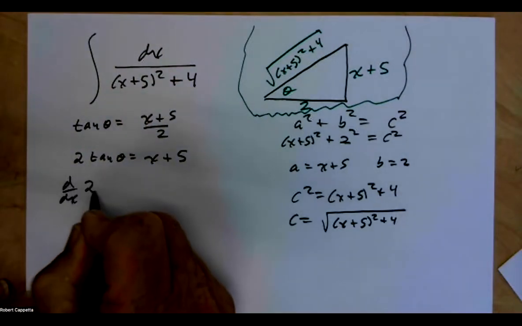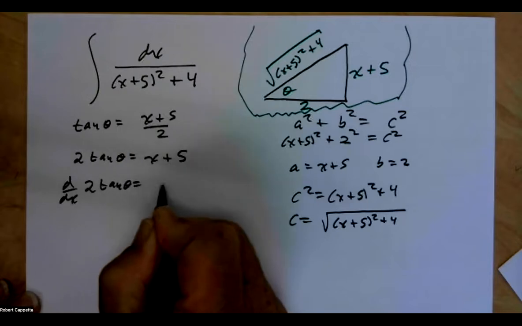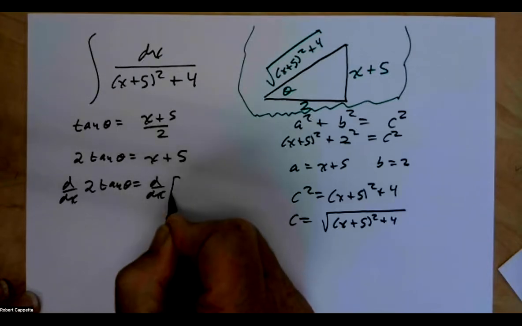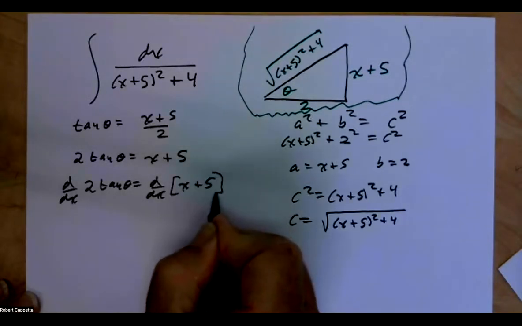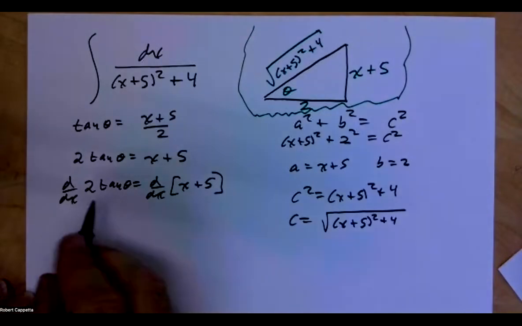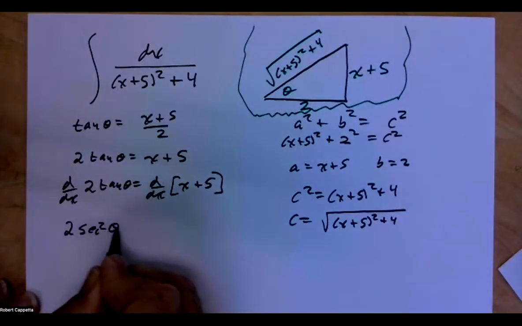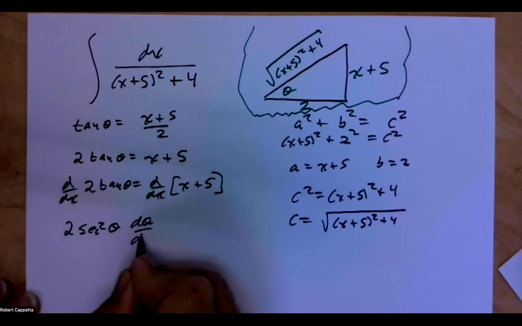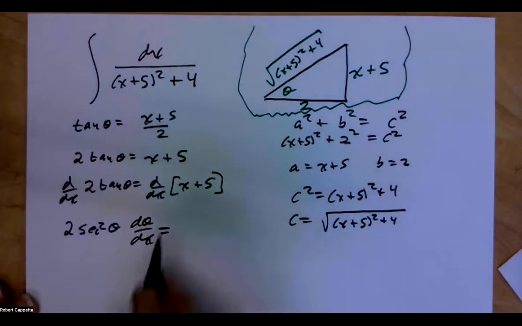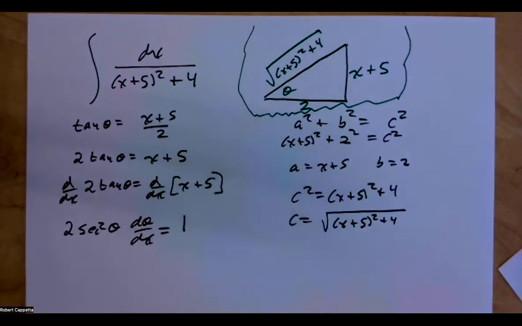The derivative with respect to x of 2 tangent theta is the derivative with respect to x of x plus 5. The derivative of tangent theta is secant squared theta. So with respect to x, that will be 2 secant squared theta times the derivative of theta, which should be d theta dx, equals the derivative with respect to x of x plus 5, which is just 1.